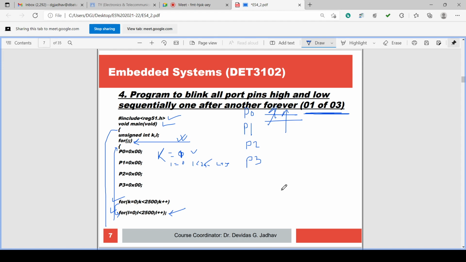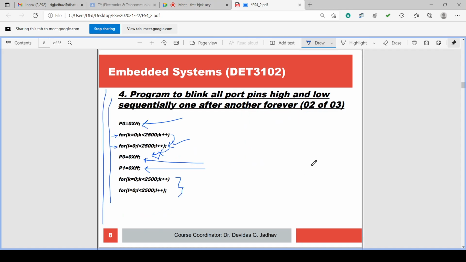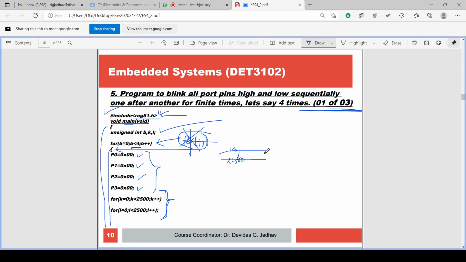In the fourth program, this blinking is continued forever, for infinite time. And in the fifth program, the blinking is only for 4 times, finite time. And for that, this for loop is considered: for b equal to 0; b less than 4; b plus plus. This is the for loop for the fifth program. Okay.